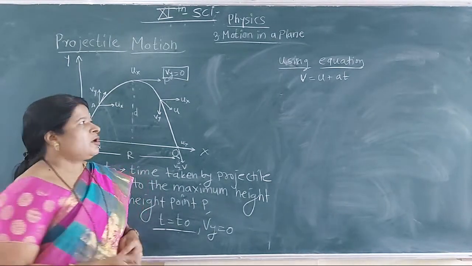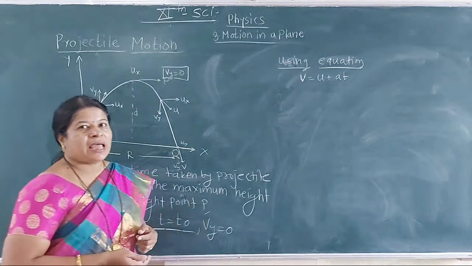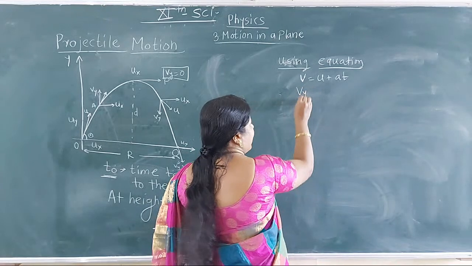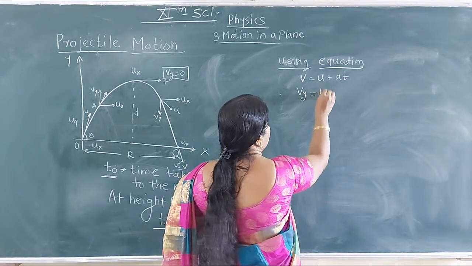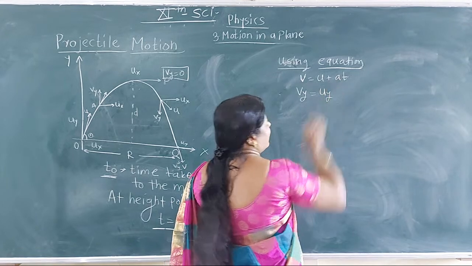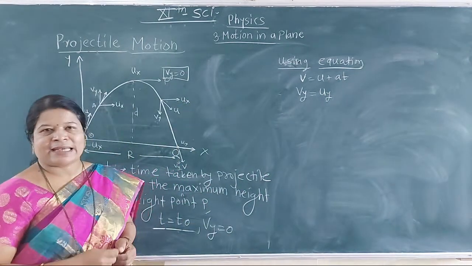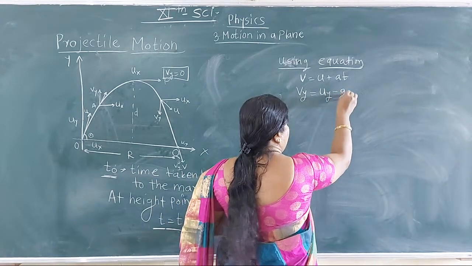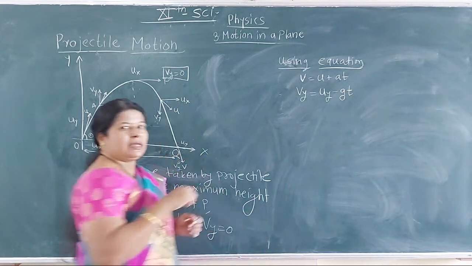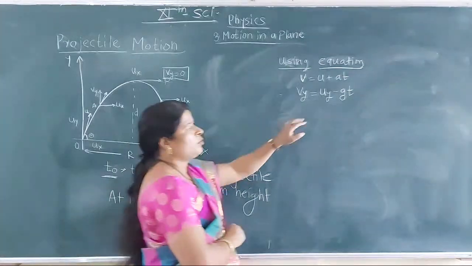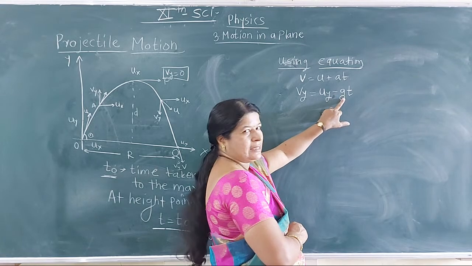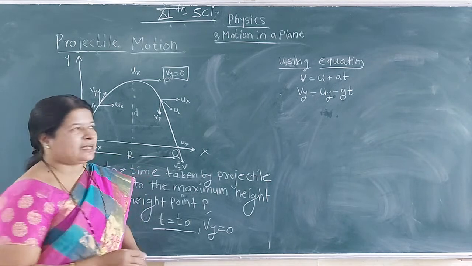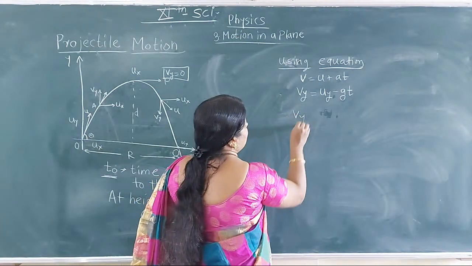Now the projectile is moving along the y axis, so we can write vy is equal to uy plus at. For a we take g, and the object is moving in the downward direction, therefore we take minus g. So vy is equal to uy minus gt.